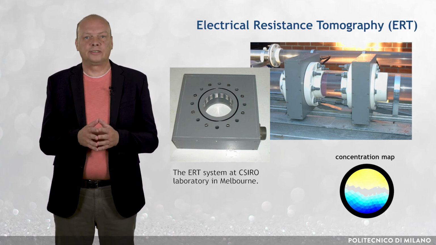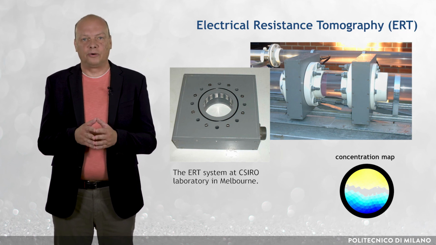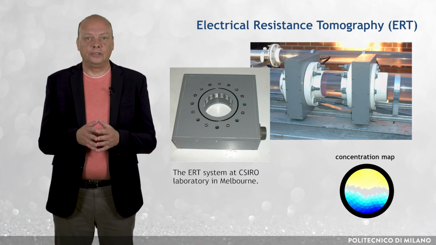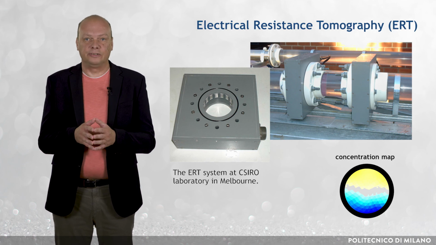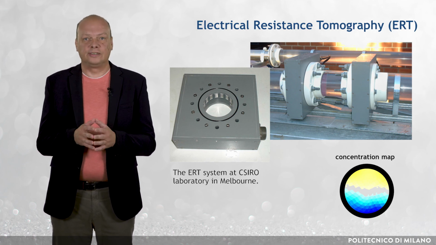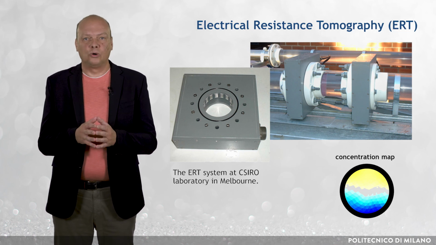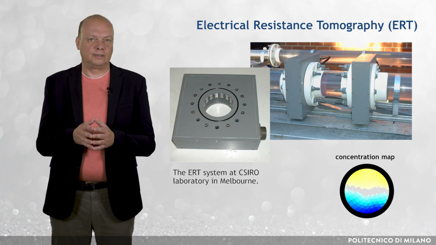The measuring units can provide almost real-time imaging, useful for operational control. As such, commercial ERT units are an attractive alternative to gamma ray density meters for slurry density measurements. By combining the output from 2 or more electrode rings, the map of slurry velocity can also be measured.